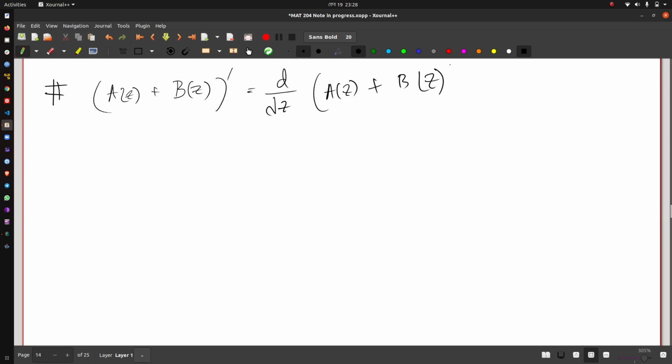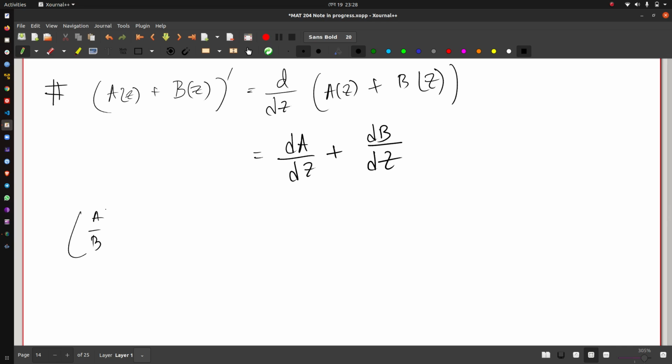Again, differentiation is a linear operator, so this would apply as well. That means all the things you see in your real variable calculus, you can just apply on the complex variable as well. Even the quotient rule, let's say (a/b)', this would be just a' b minus b' a divided by b squared, and so on and so forth. So this will be it for today.